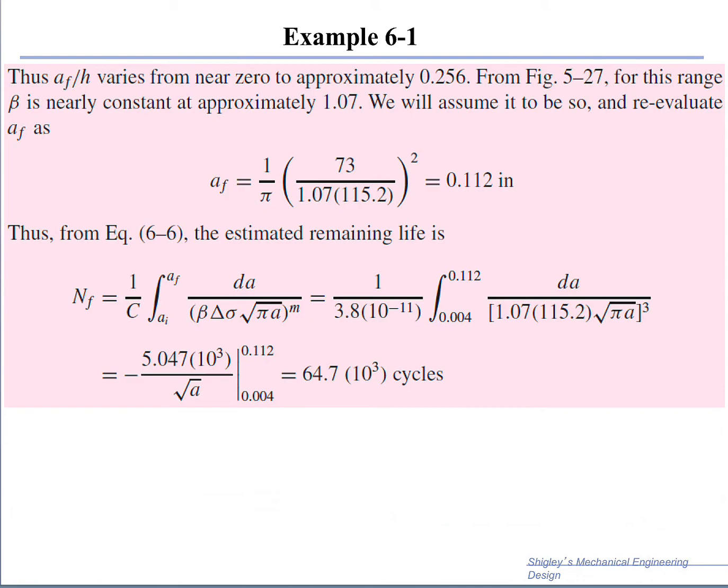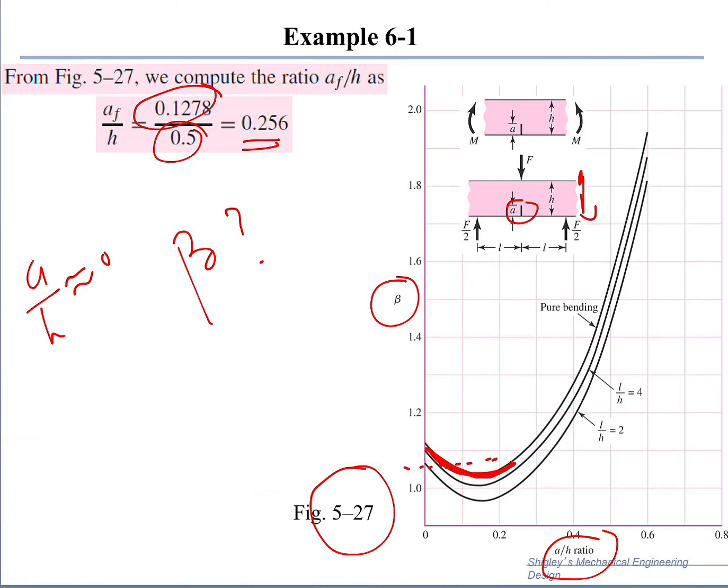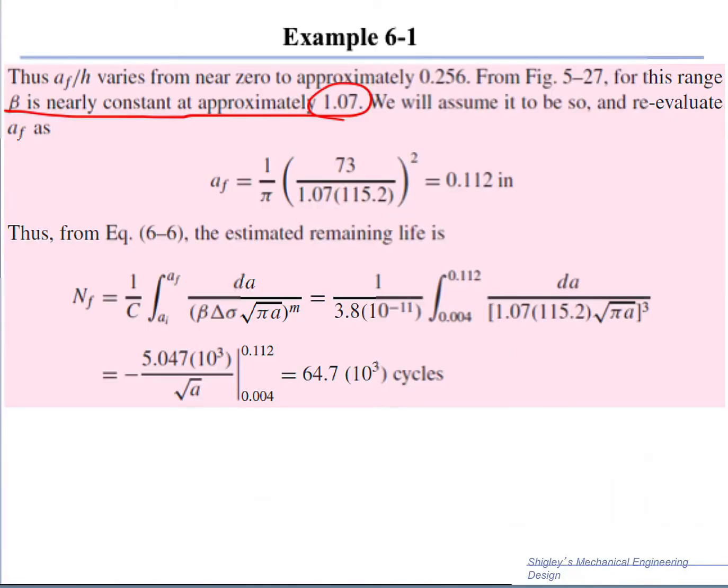We assume that beta is nearly constant at 1.07. It's an assumption to make the integration easier. Otherwise, I'd have to find the equation of this curve and include it in the numerical integration, and I don't want to do that here. So I reevaluate a final with this beta, and then integrate from a initial to a final.